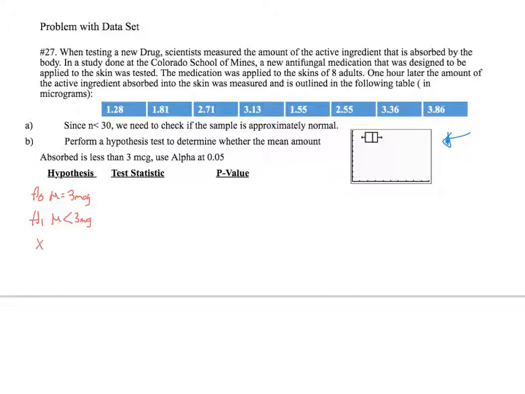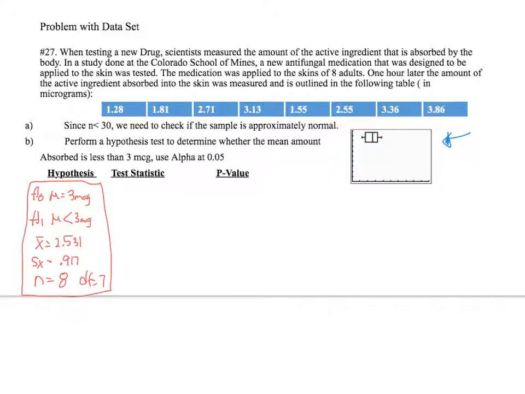We have an X bar that is equal to 2.531, and we have an Sx equal to 0.917. N, of course, is equal to 8, and our degrees of freedom is equal to 7. So here is our primary information to do the test.